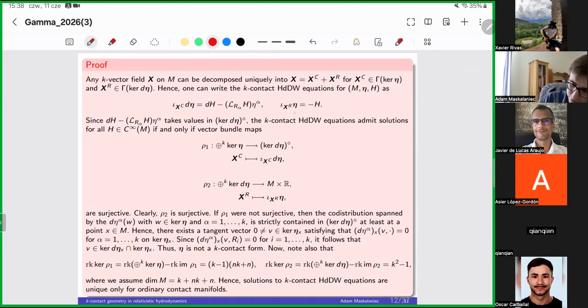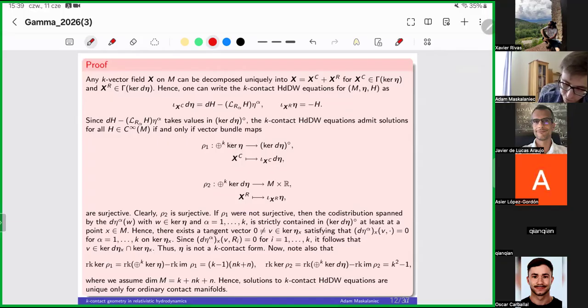And similarly for eta, I can omit this part X_C. Okay, so hence I can interpret these equations in terms of these two vector bundle maps.